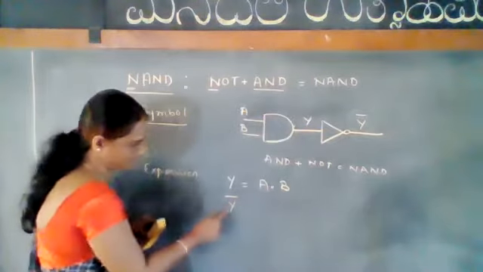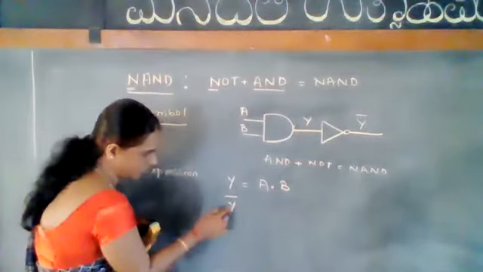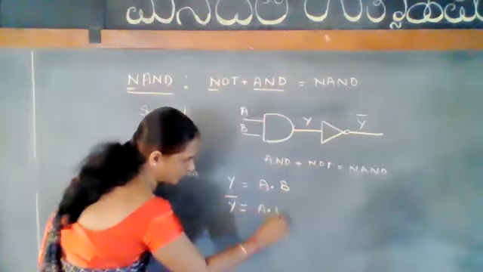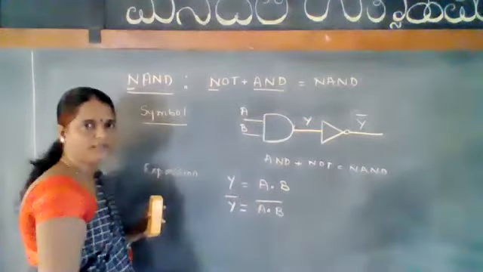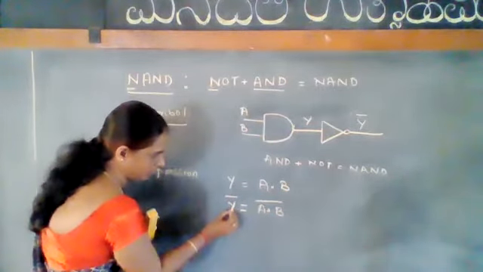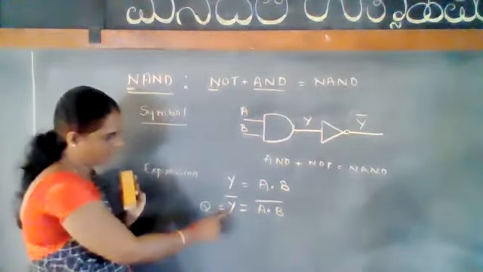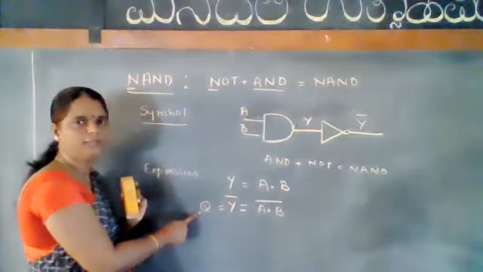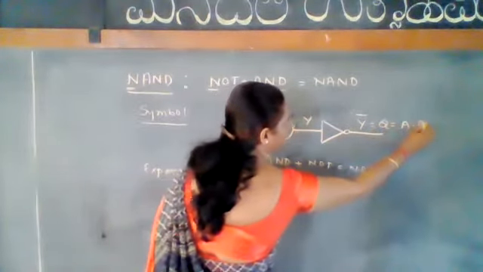Up to here it is AND. Now, this has become NAND, that is NOT AND. So, AND is inverted, which is equal to A dot B inverted. Okay, A dot B inverted. We can indicate this with any other output like Q. Instead of writing Y complement, write any other notation for that, let it be Q. So here we can write Q is equal to A dot B complement.